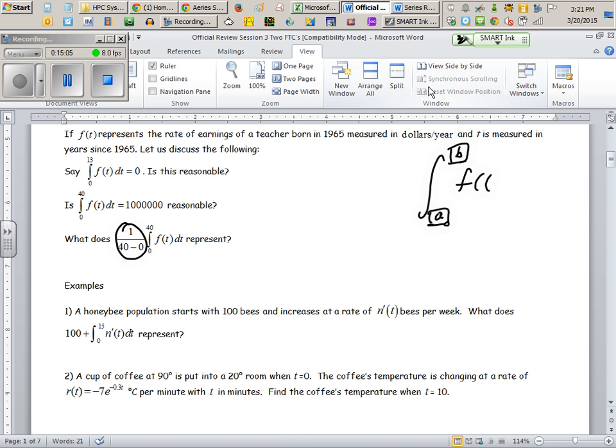Can you think back to any theorems where there was a b minus a down here? Where have we done an integral divided by the interval? Yes, mean value theorem. That's actually when you set this equal to f of c and you try to find c. Integral over interval is the average value of a function.